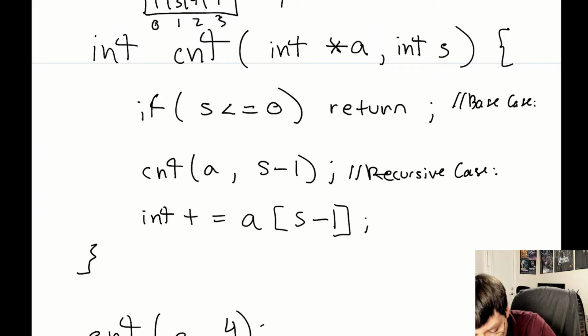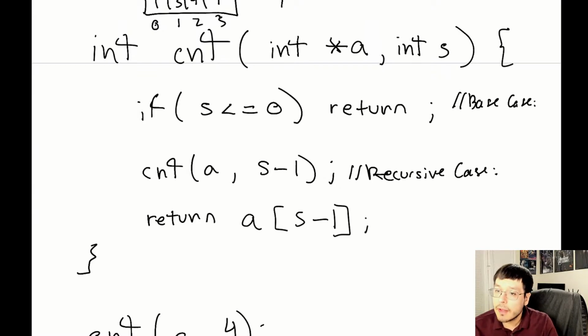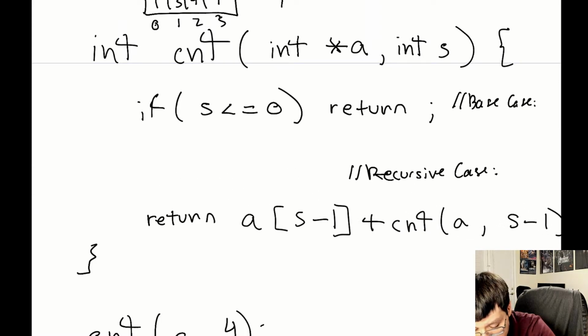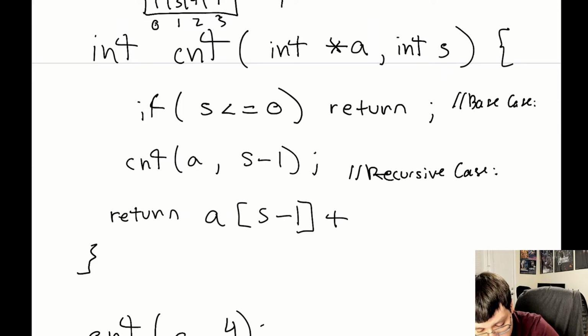So I know that when I'm done with this, I want to return this value, which is the current spot I'm looking at, plus all previous values as well, right? How do I get all previous values? Well, I can just do the function call that I have up here. So I could just go ahead and do this function call, right? Let me move this a little bit more so it fits.